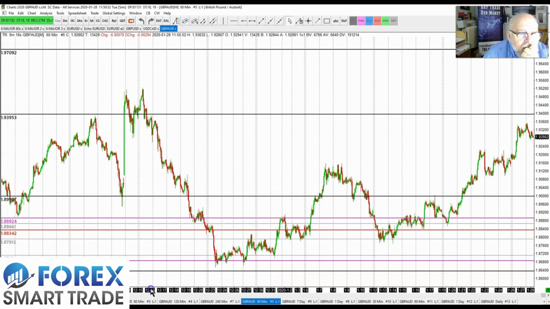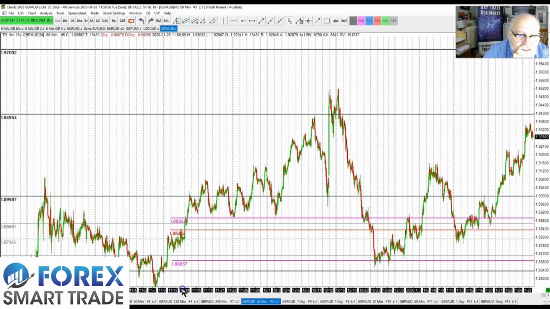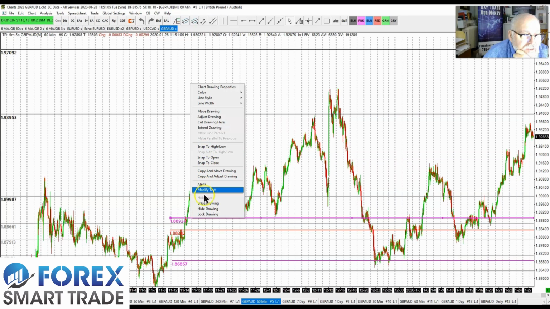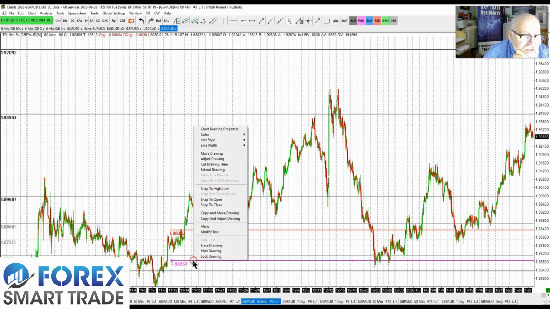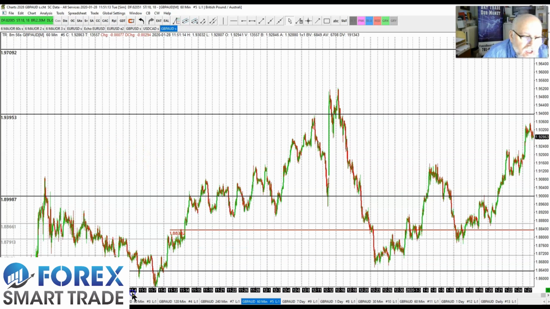This is a 1 hour chart. I am going to erase these lines. So I'm going to do some quick and dirty support and resistance around where we are trading. I'm looking for spots where we have some touching.